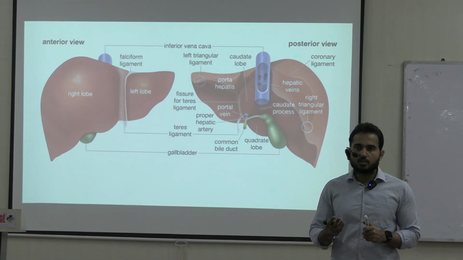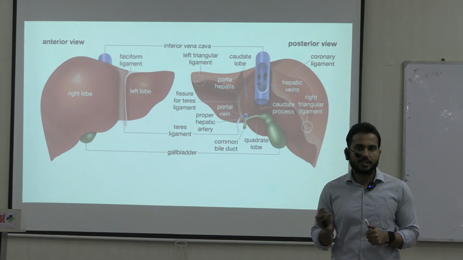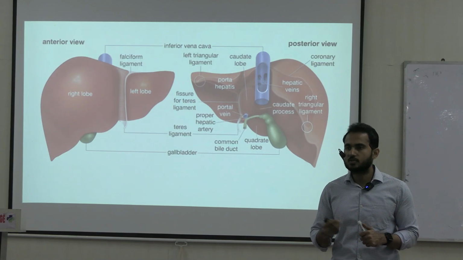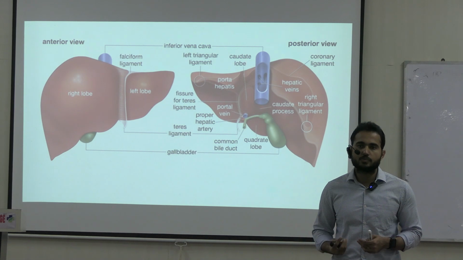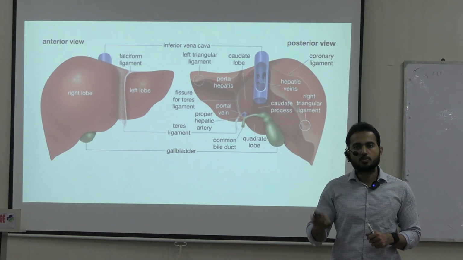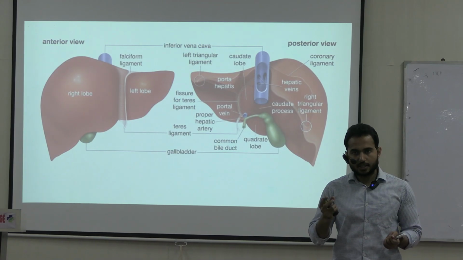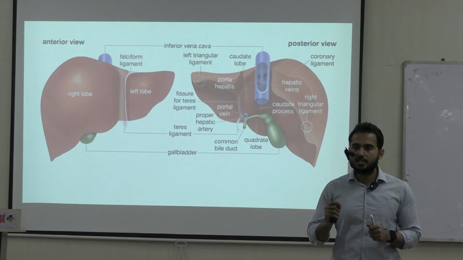That is required, because if emulsification of the fat is not taking place, then it will not get digested by the enzymes secreted by the pancreas, and if it is not digested, it will not get absorbed in our body. So emulsification is required, followed by digestion and then absorption. That's why bile is required for emulsification.